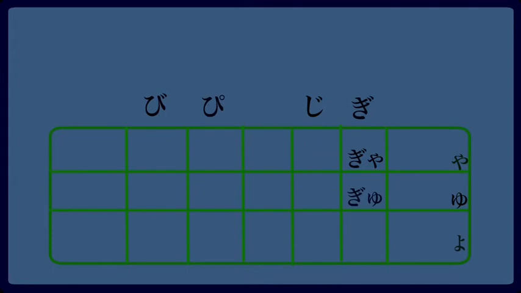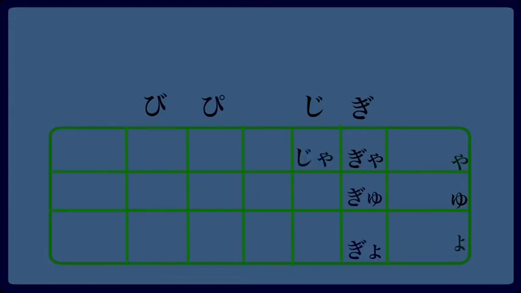Gi with a little yu, of course, would become gyu. Gi with a little yo would be gyo. We can use all of these sounds and add the small ya, yu and yo, just as we did with their unvoiced hiragana.